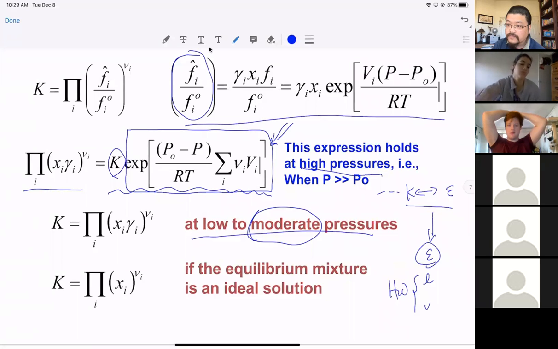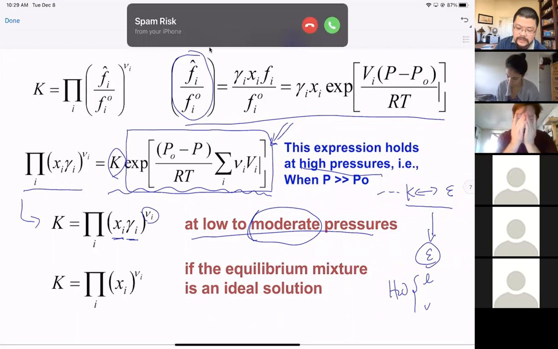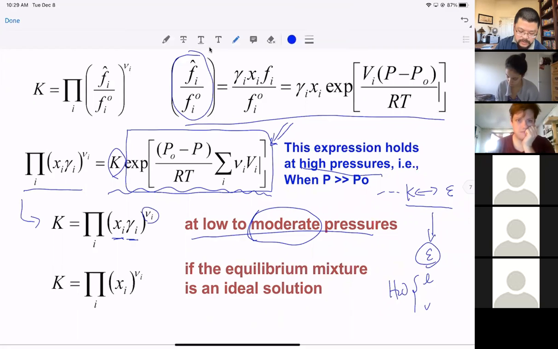Okay. So now the equation would be, I have the xi, I have the activity coefficient. This is still the stoichiometry for each component. Then you are going to have the equation simplified over there. And if you happen to have a liquid system with quite similar liquid molecules, then you can say that I can assume this is an ideal solution.